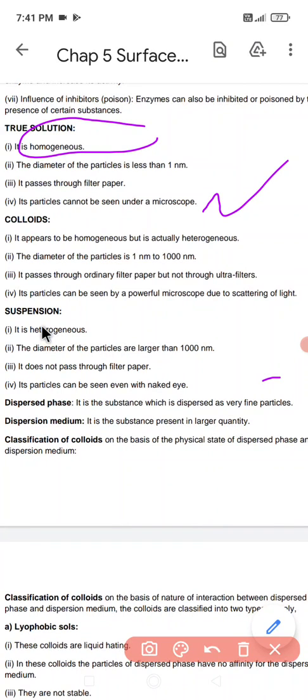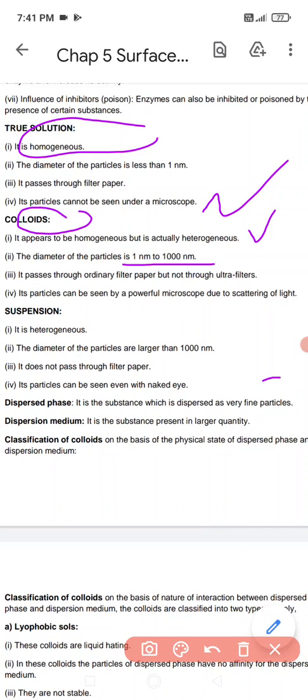So if I repeat the characteristic features of colloids, although they appear homogeneous, they are actually heterogeneous in nature. The size of particles varies from 10 to the power negative 7 to 10 to the power negative 4 centimeter, or its range is from 1 nanometer to 1000 nanometer. That is the diameter of the particles.